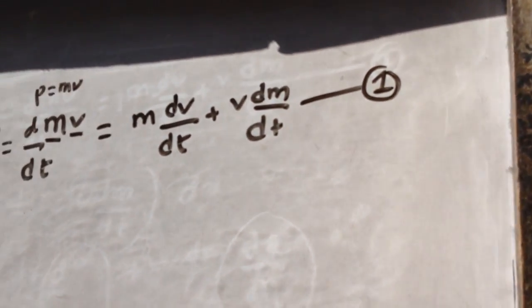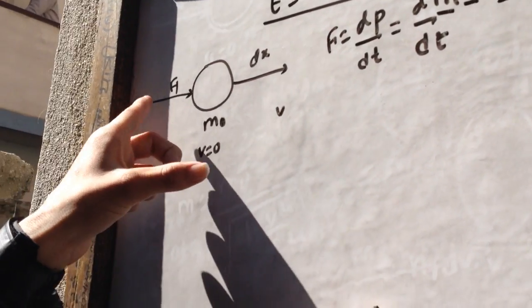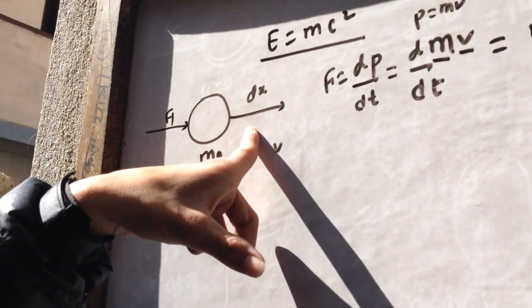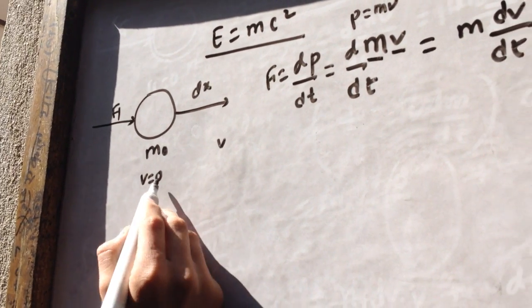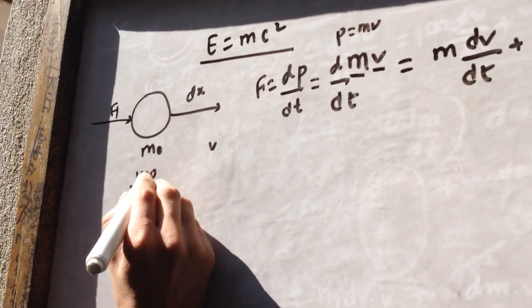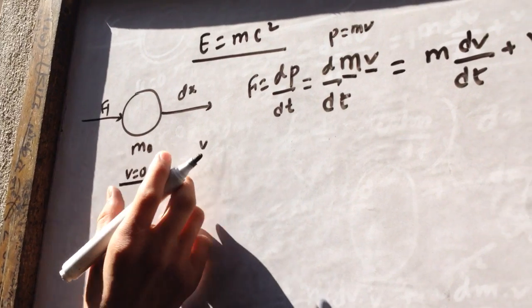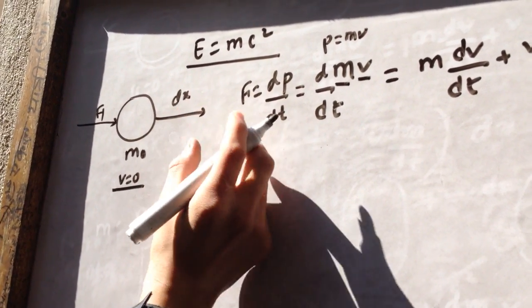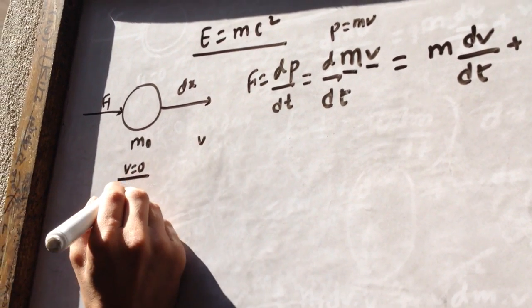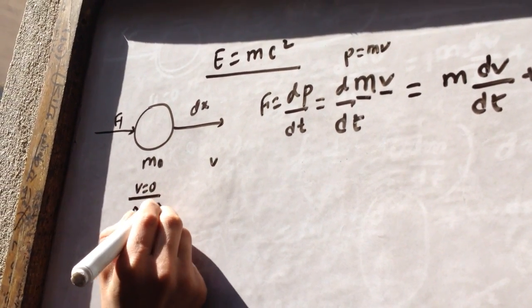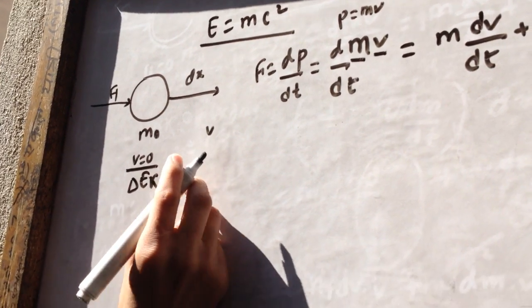When this body is displaced by the force F through the small distance dx, there is an increase in kinetic energy. Initially, at rest, the velocity is 0 and the kinetic energy is 0, but after some time it gains the velocity v and the kinetic energy becomes Ek. Let del Ek be the change in kinetic energy, which is equal to the work done.